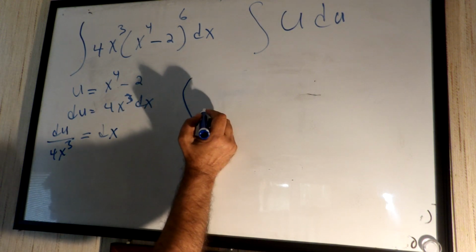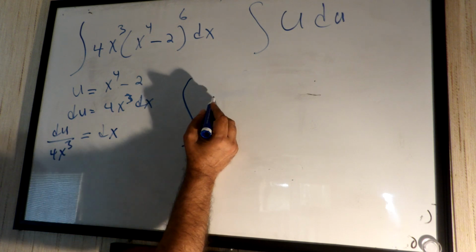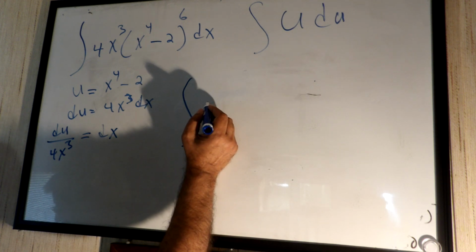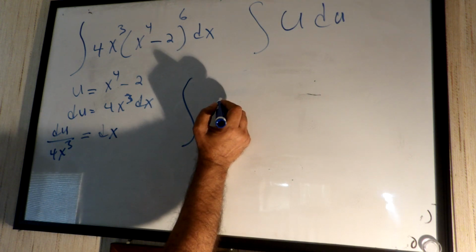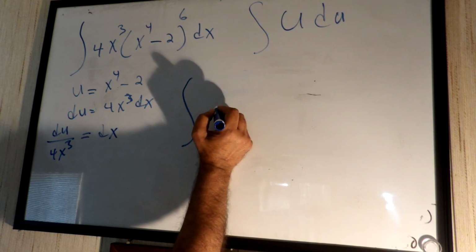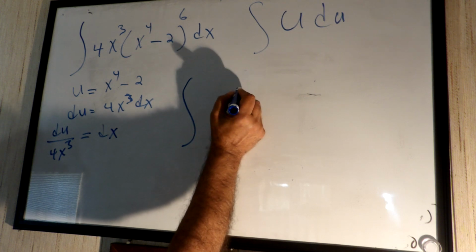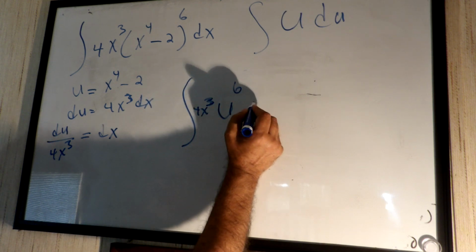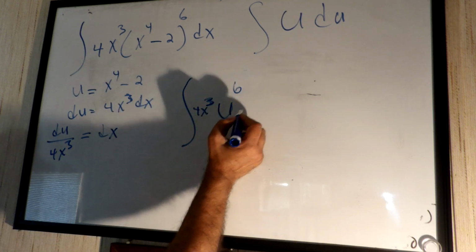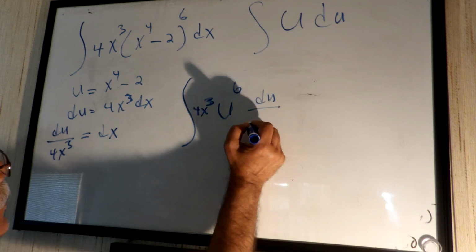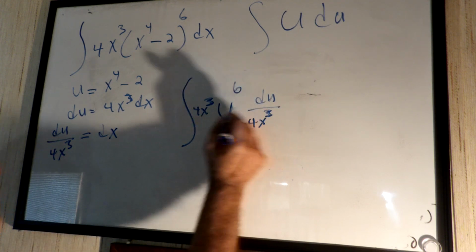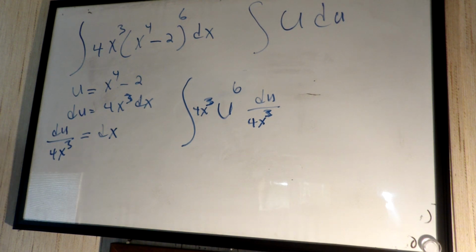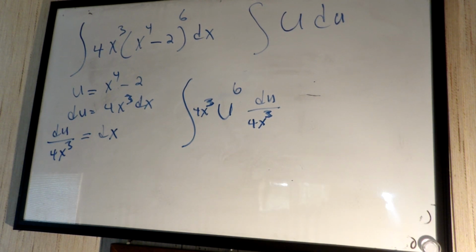We can say that u to the power of 6, and then 4x^3 here, and then we have du over 4x^3. See, when we have u, we're going to have du, because you want to integrate u.